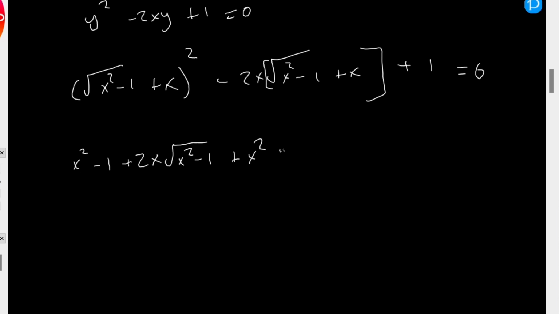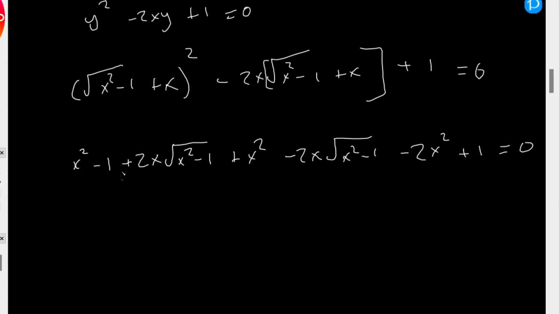And on this side, we just have minus 2x square root of x squared minus 1, minus 2x squared plus 1.